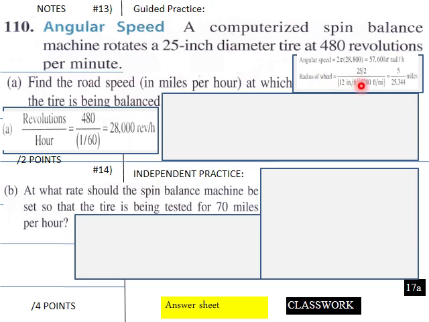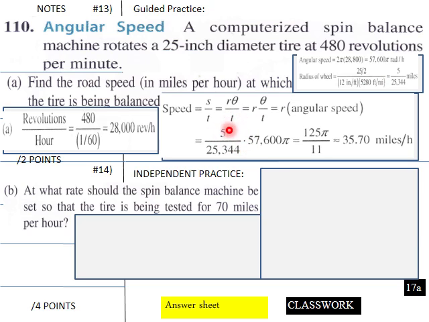And then the radius of the wheel is 25 over 2. And then we have to find how many revolutions of the wheel it takes to go 5 miles here, I guess is what we're figuring here. So 25 over 2 divided by 12 inches per foot, 5280 feet per mile. So for every 25,344 revolutions, we go 5 miles.